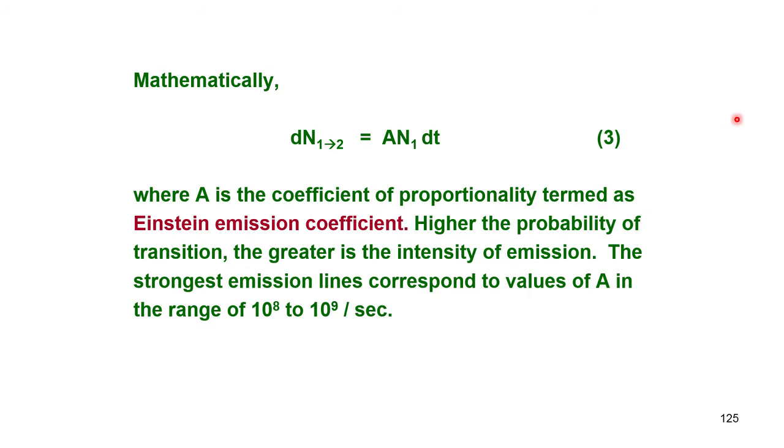So, what we are saying is the dN for the transition 1:2 is a function of the Einstein emission coefficient multiplied by the number of atoms there and with respect to time, and the range of A is 10 raised to 8 to 10 raised to 9.